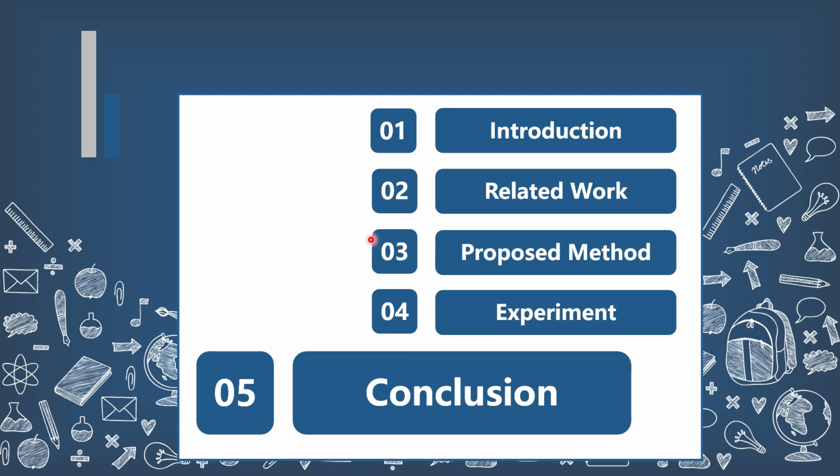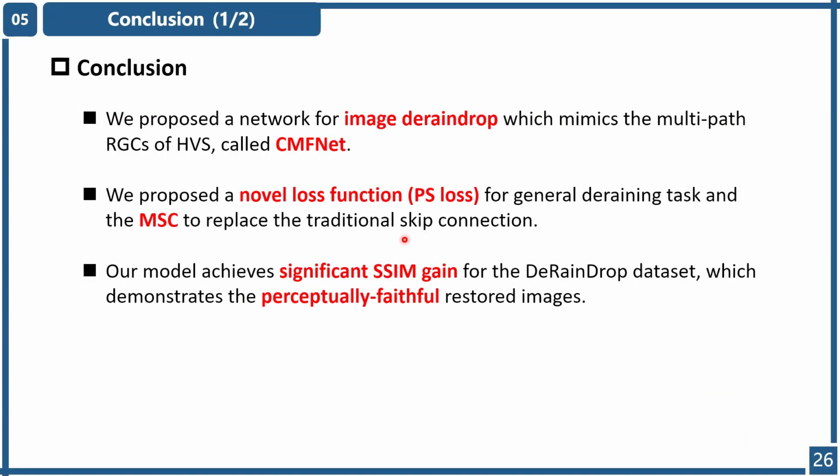Now let's wrap up with some concluding remarks. In summary, we introduced CMFNet, a network for image deraindrop that mimics the multipath retinal ganglion cells of the human visual system.